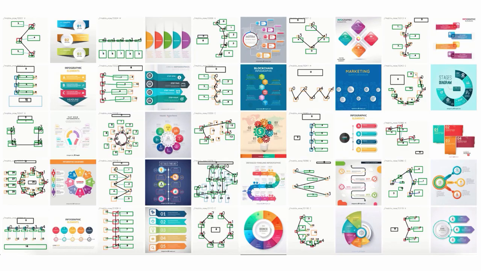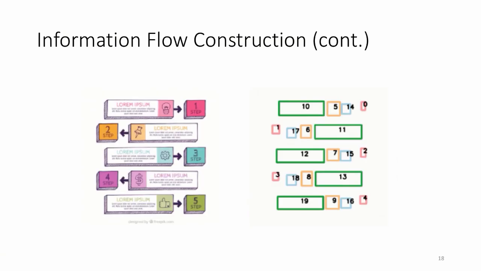Here are some examples. As I mentioned before, because our neural network cannot detect all the data elements, in some cases those elements can be misdetected.